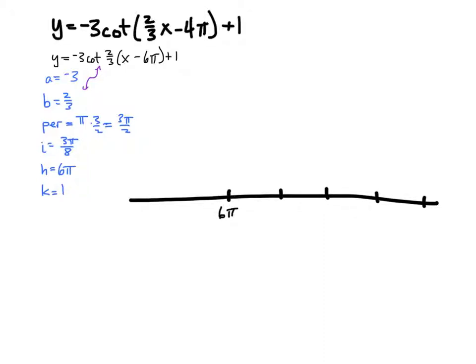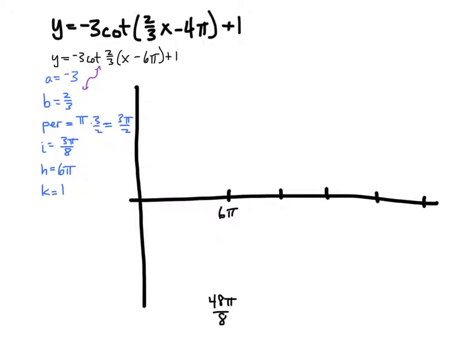That's going to put my y-axis way back, so I'll just draw it over here. Now, the thing about this problem is that we have 6 pi but with an increment of 3 pi over 8. So I'm going to multiply 6 pi by 8 over 8 to get 48 pi over 8, because that's much easier to add 3 pi over 8 to.